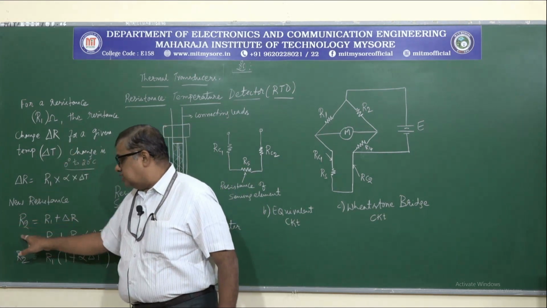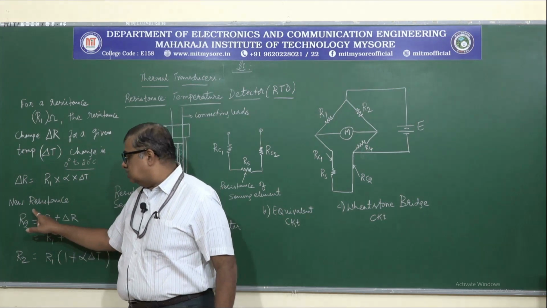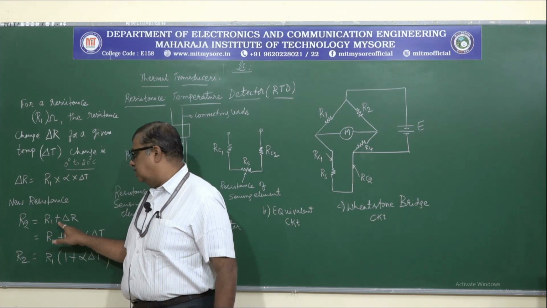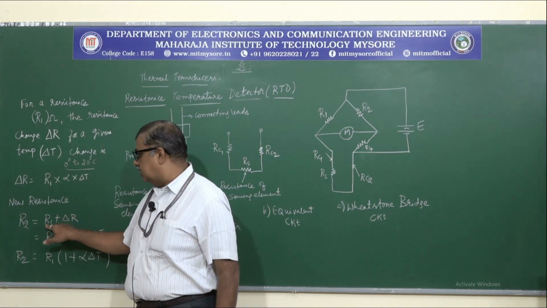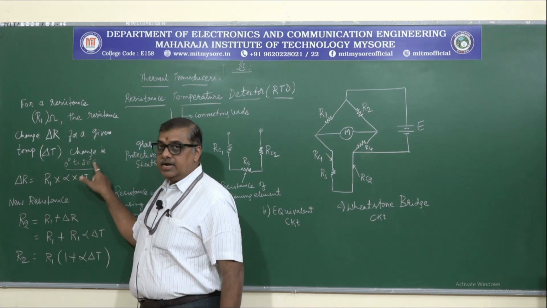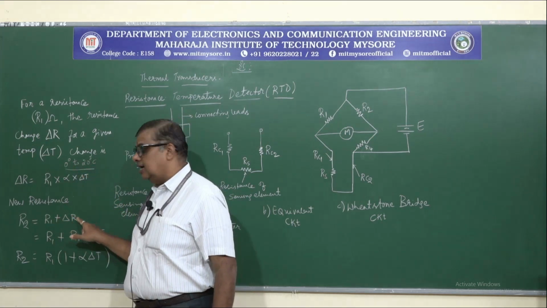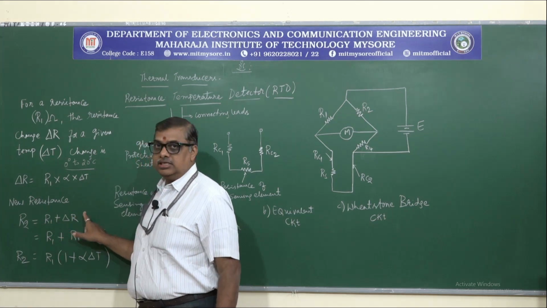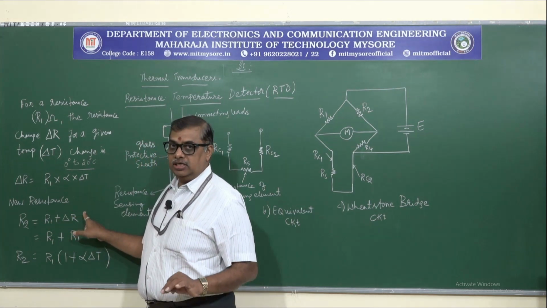Now the new resistance after heating is given by R1 plus delta R, that is, the initial resistance at 0 to 20 degrees plus delta R, for temperatures greater than 20 degrees. This is the resistance with respect to temperature change.